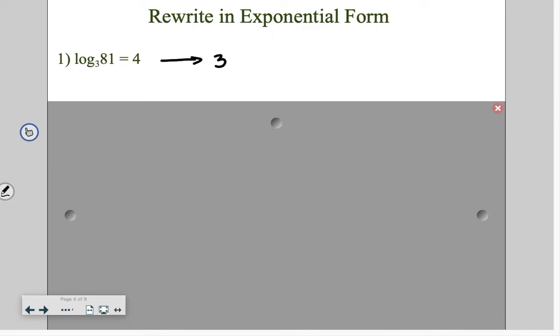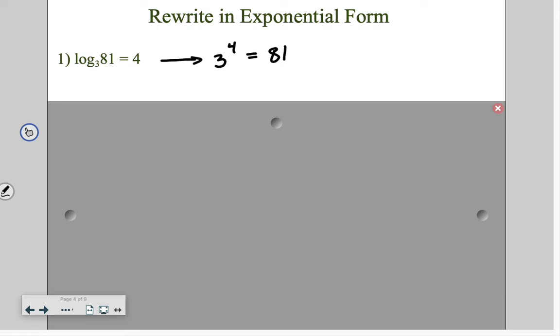What's the power going to be out of this? Is it the 81 or the 4? Yeah, remember the log always equals the exponent. That's what a logarithm does. It gives you the exponent. So this is 3 to the 4th equals the 81. It's the exact same thing written in logarithmic form versus exponential form. Okay? Log base 3 of 81 equaling 4 is because 3 to the 4th power equals 81.